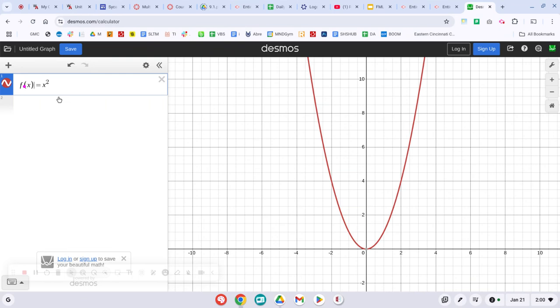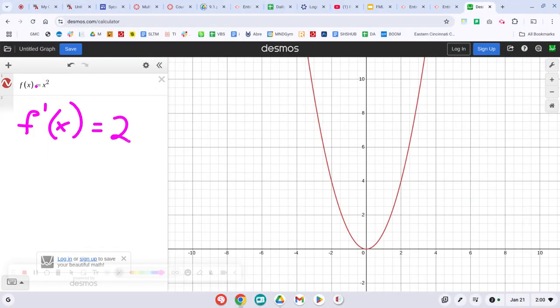Does anybody remember the derivative of this? 2x to the first, right? So we already know that the derivative, which is written as f prime of x, equals 2x, okay?